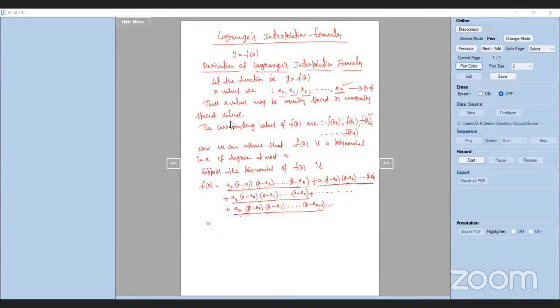So this is the assumed polynomial of f of x, where a0, a1, a2 and so on, an are all constants. Now we concentrate on finding the values of these constants a0, a1, a2 and so on, an.